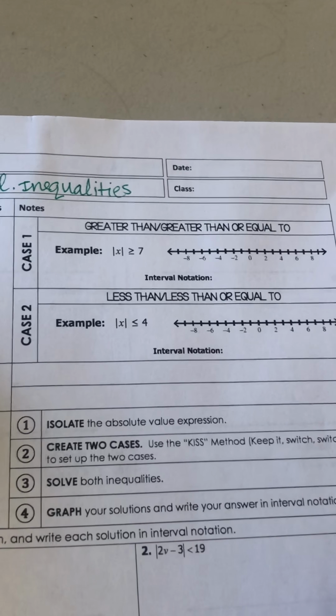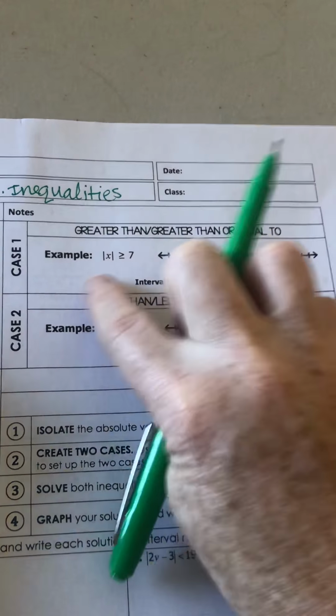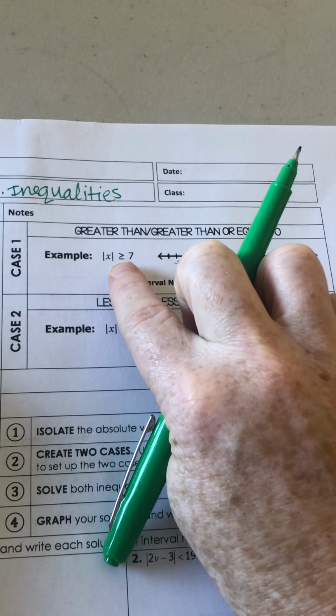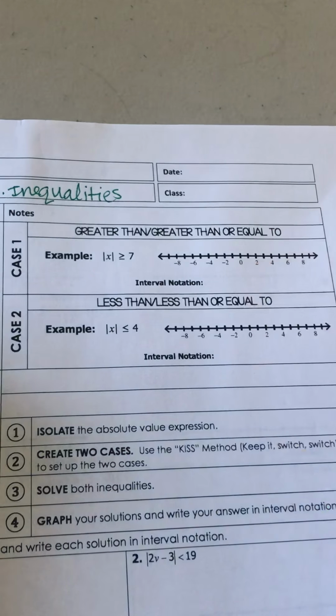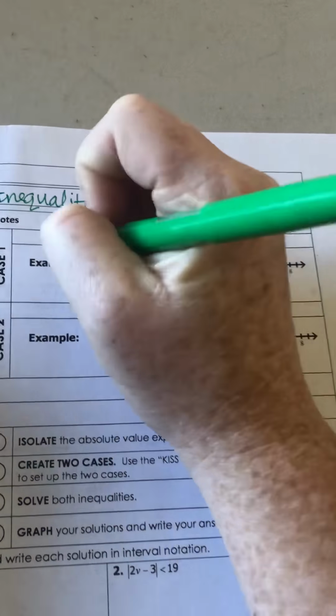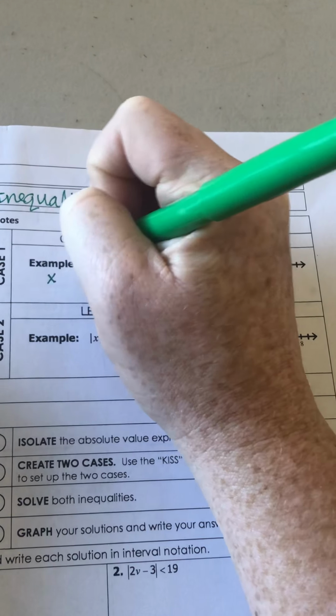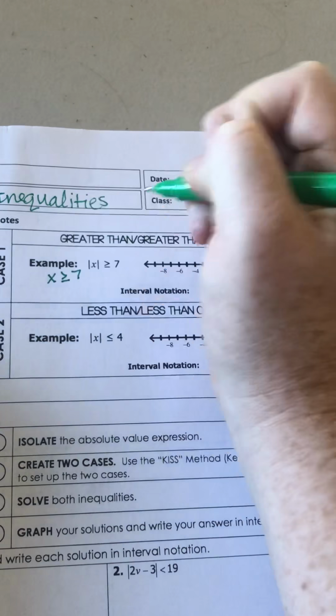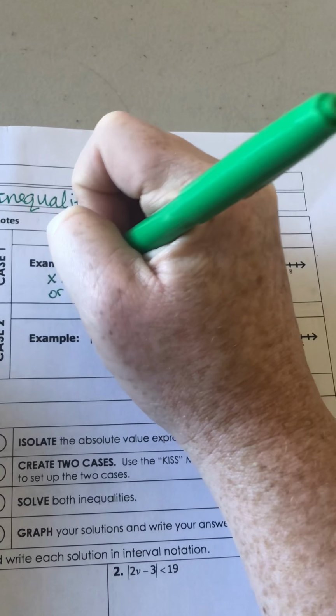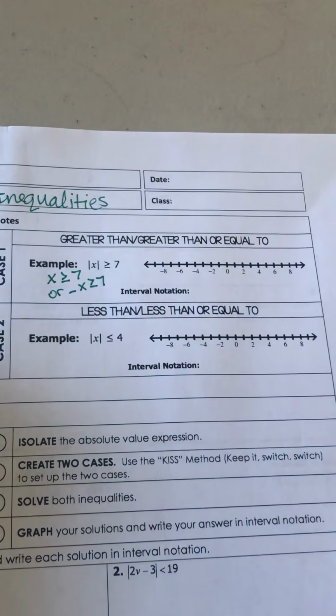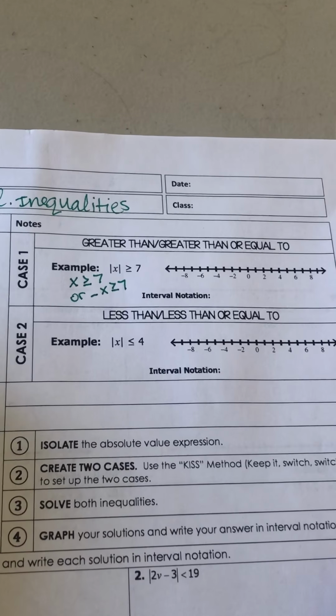And when you have a greater than or equal to, let's think about that. The absolute value of x is greater than or equal to 7. Okay, that means the absolute value of x could be split into x or negative x. Okay, let's look at that.